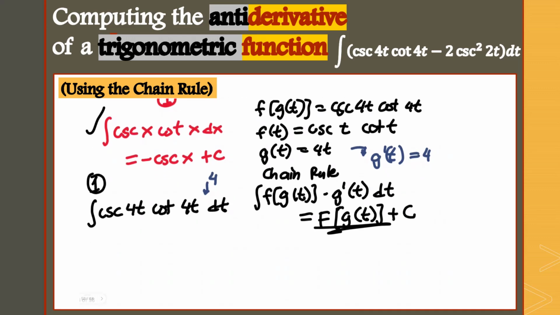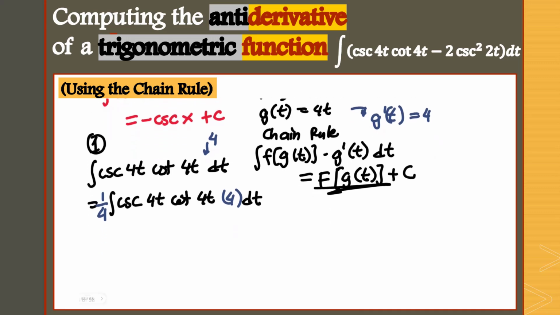In that sense, you will have here the integral of cosecant 4t times cotangent 4t. Then you will have here your 4 dt. But the 4 there needs to be neutralized here with 1/4, so that we are just returning to the same given.